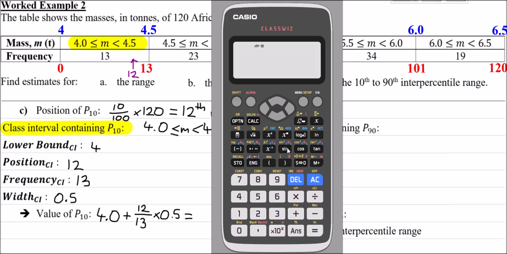So we get this calculator up. So 4 plus 12 over 13 multiplied by 0.5. That equals, to 3 sig figs, 4.46. So P10 is 4.46 tons to 3 significant figures.